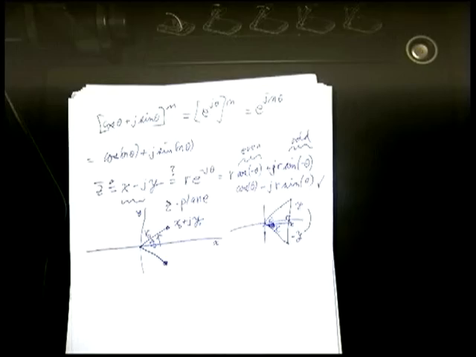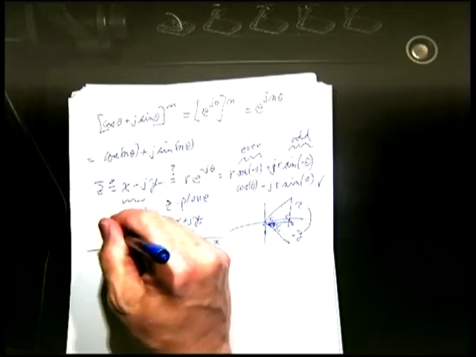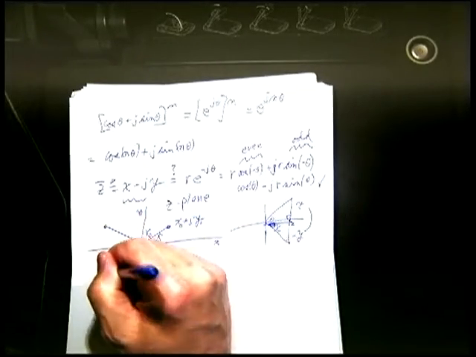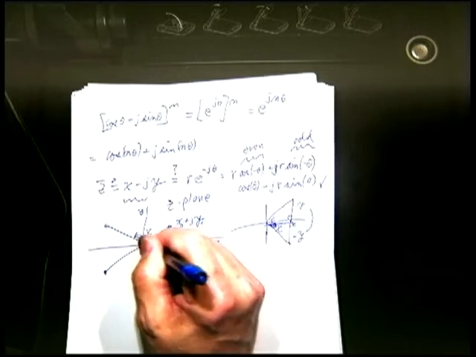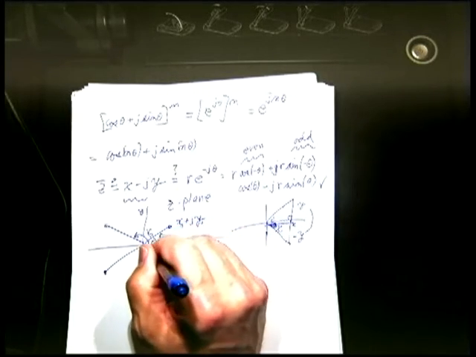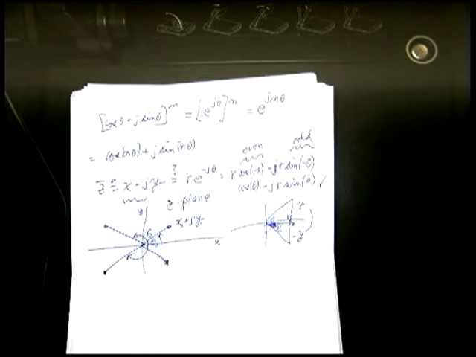Now that's true in this half. What if you're over here? We have this big angle here, and we negate it. It still comes around and looks for all the world like an up-down flip. So one of the tricks for a complex conjugation is just negate i everywhere it exists, or negate j.